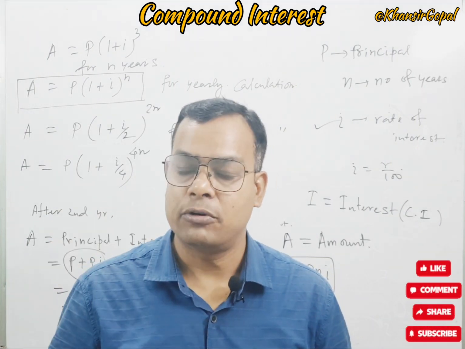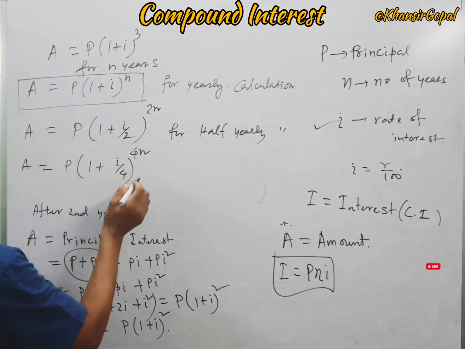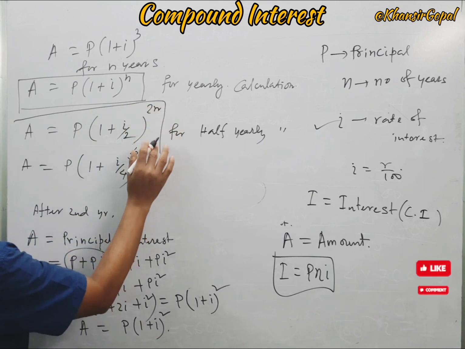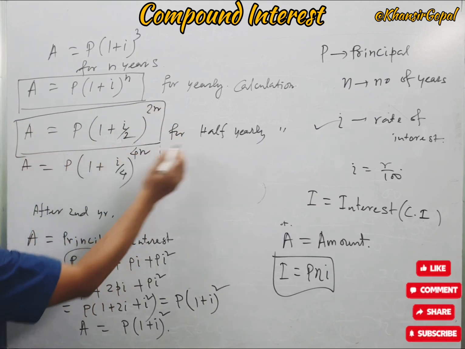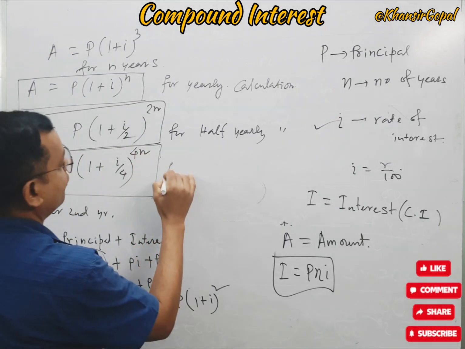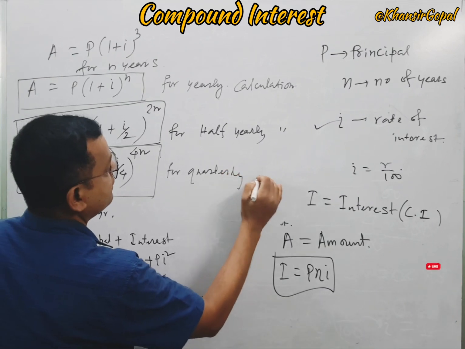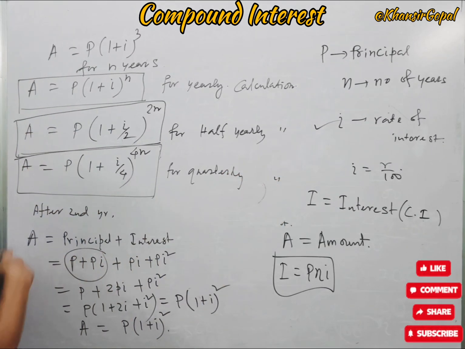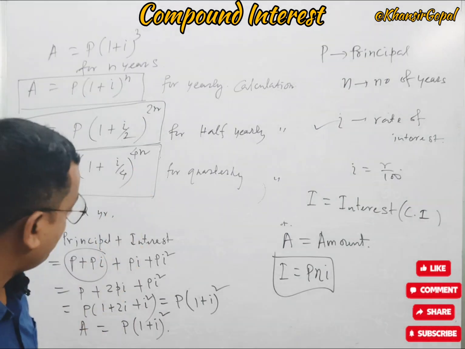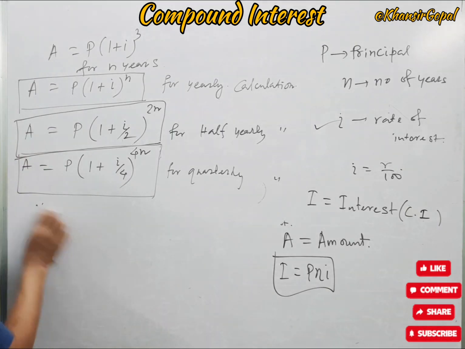That means n years will be 4 into n. Am I clear? Okay, so like that you are getting this formula. For quarterly also you get A equals P into 1 plus I by 4 whole to the power 4n.